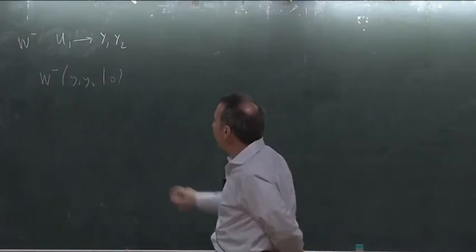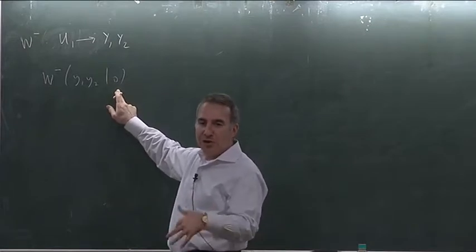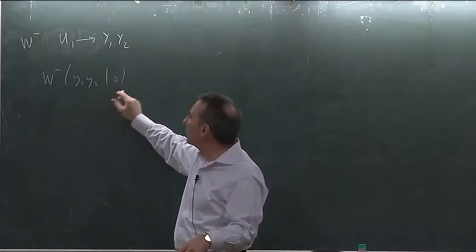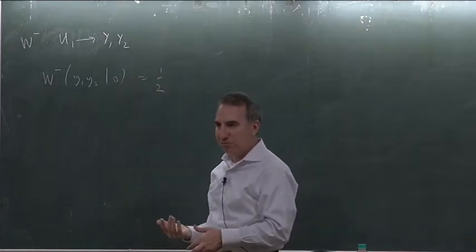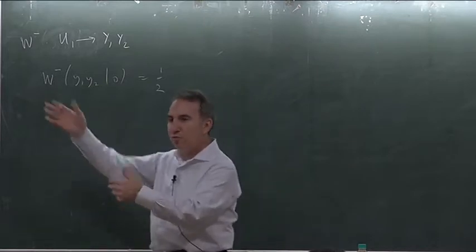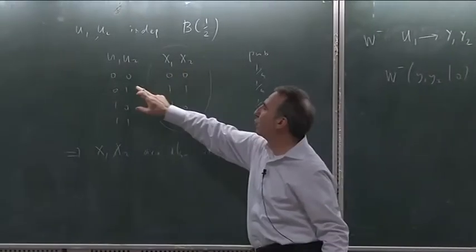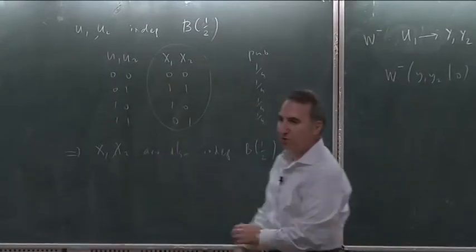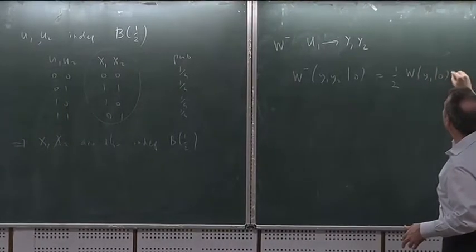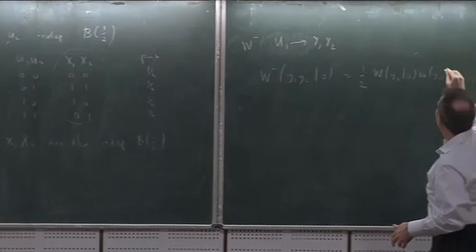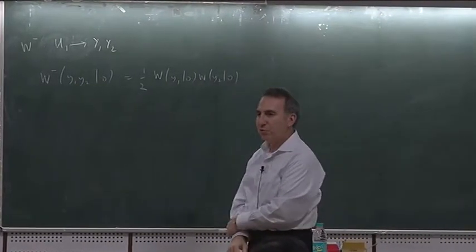Given that u1 is 0, u2 can still be anything, 0 or 1, with equal probability. So with probability half, u2 is also 0, in which case we are feeding the two channels 0 and 0. The channel W produces y1 from x1, and the second channel W produces y2 from x2, both of which are 0.